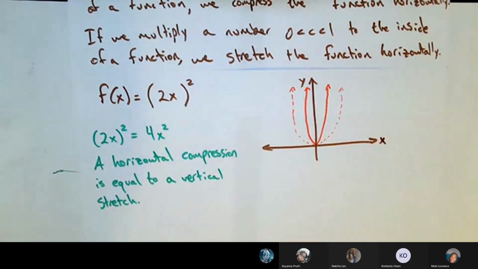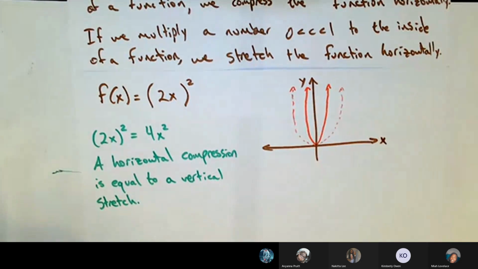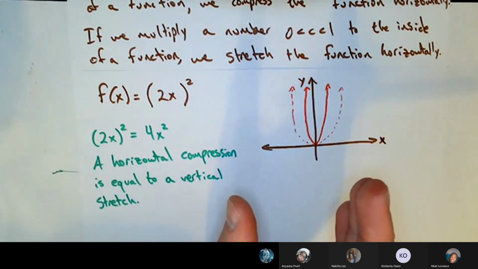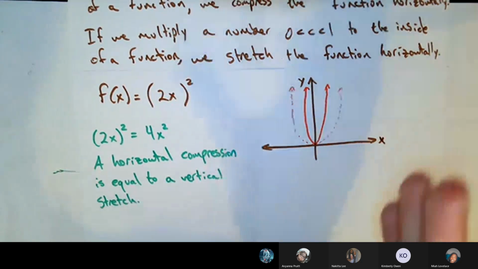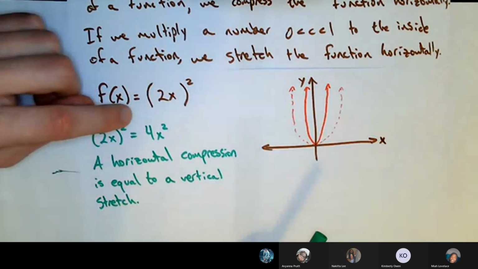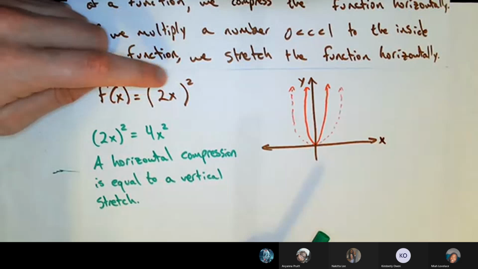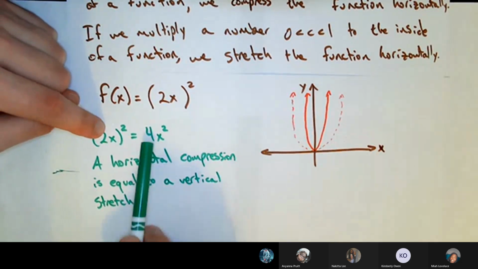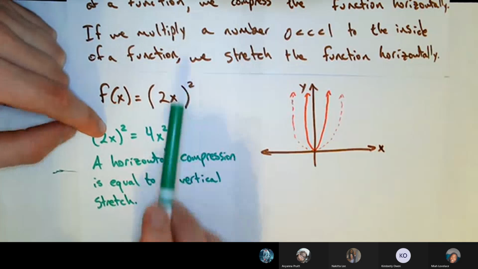Now, are they exactly the same as this one back here? Is doubling inside, squishing it by 2 inside, the same as pulling it up by 2? Well, no, because what ends up happening depends on the function. In this case, doubling inside actually results in quadrupling outside because of the square.